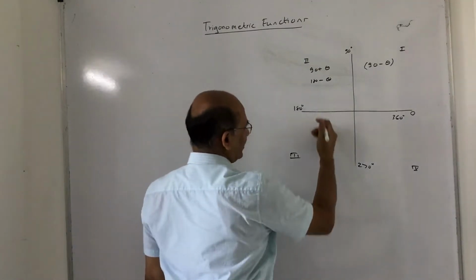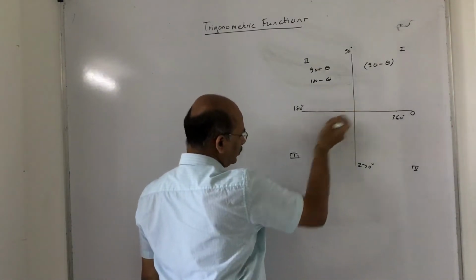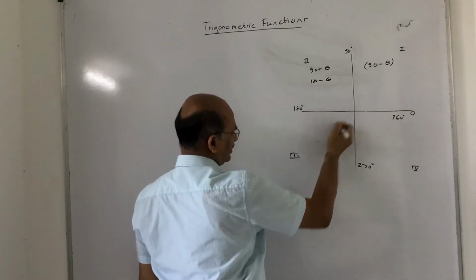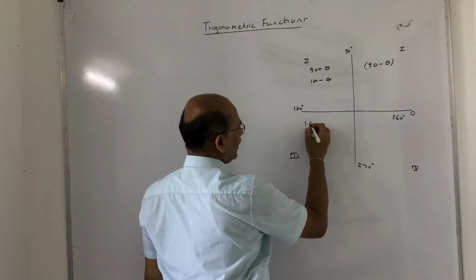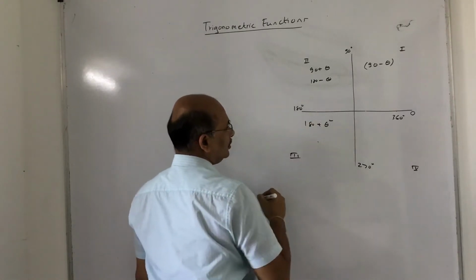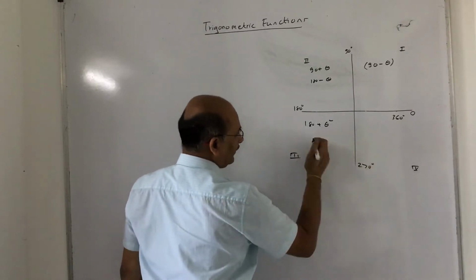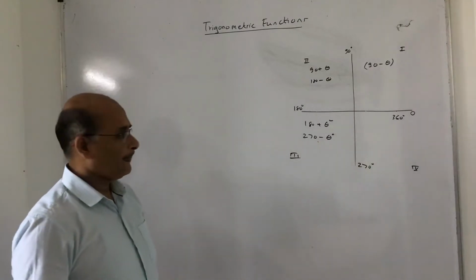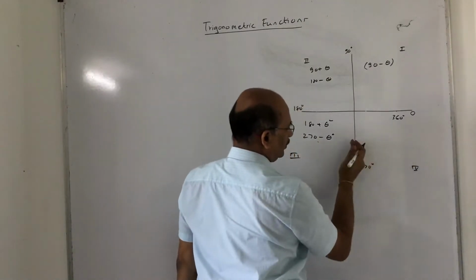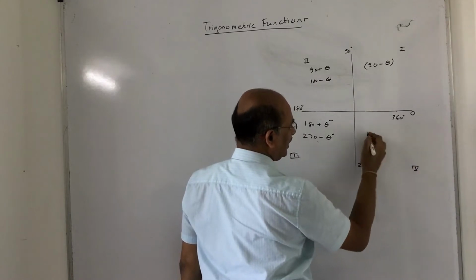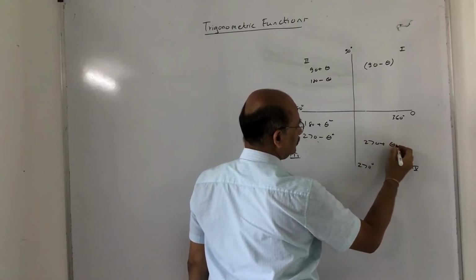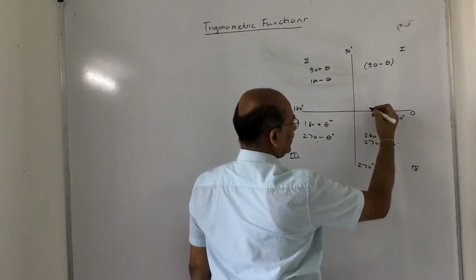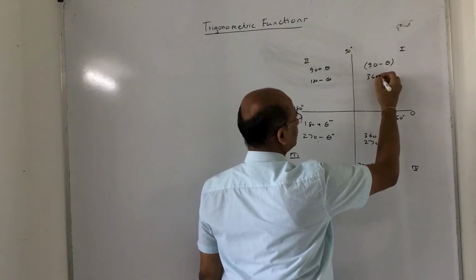Similarly here, in the third quadrant, the terminal arm completes a half rotation, 180 degree, and then goes to this side, so this is nothing but 180 plus theta, or you can say, less than 270, it is 270 minus theta. Similarly, the fourth quadrant is 270 plus theta, or you can say 360 minus theta. Similarly here, 360 plus theta.